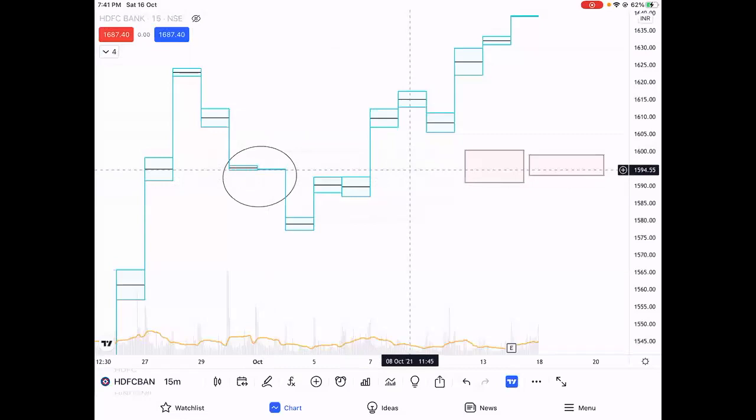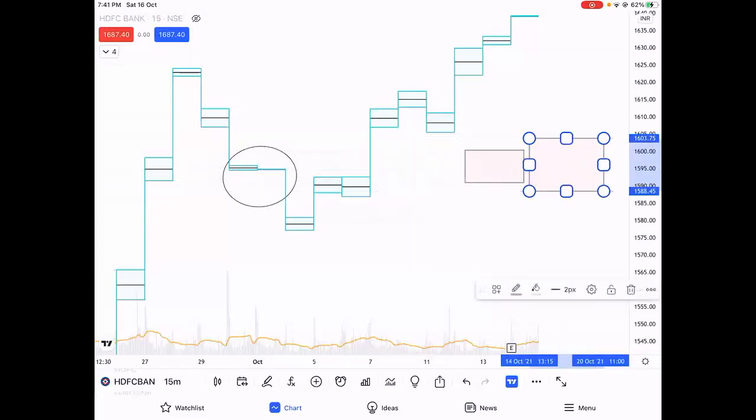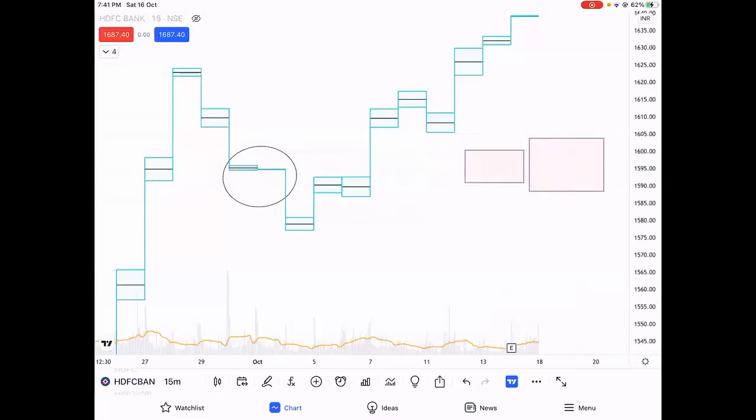Now the third type can be outside value. That is something like this. This can be outside value. That is exactly the vice versa of the previous formation. Now this particular CPR is within the range of this CPR.